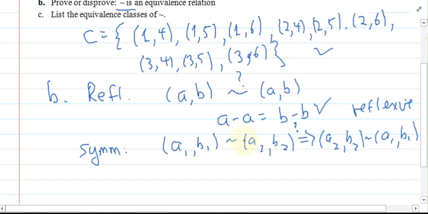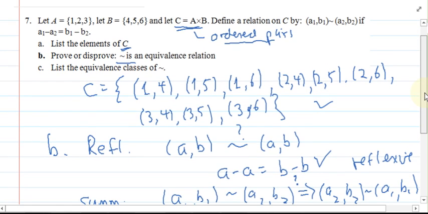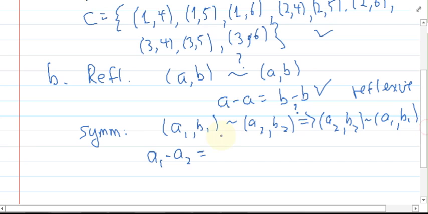All right, so the question is, does this relation imply the other relation? Well, (A1, B1) related to (A2, B2) means that A1 minus A2 is equal to, let's see, is it B1 minus B2 or B2 minus B1? I don't remember. B1 minus B2.